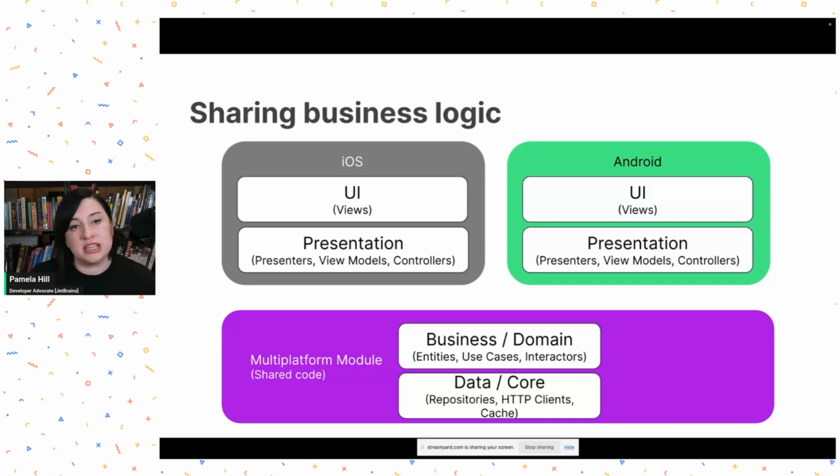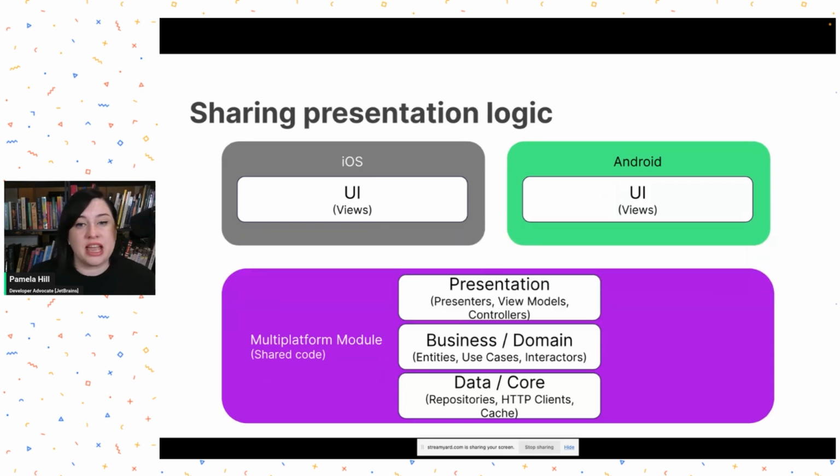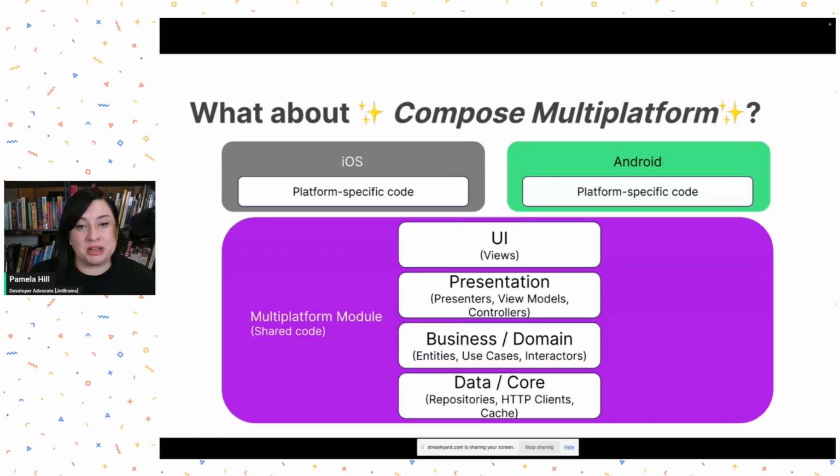But we can take it one step further and also share the presentation layer of presenters, view models, and controllers, and then do the UI or the views natively for Android and iOS. But with Compose Multiplatform, we can even share the UI layer. So the only thing that's left is the platform-specific code, and that's something that we can't share.